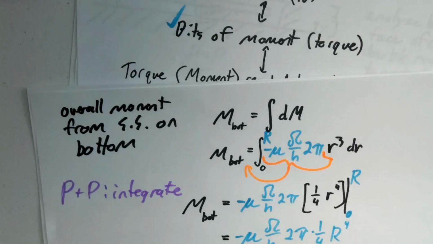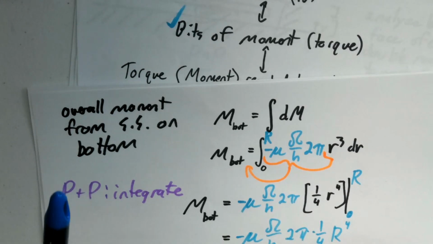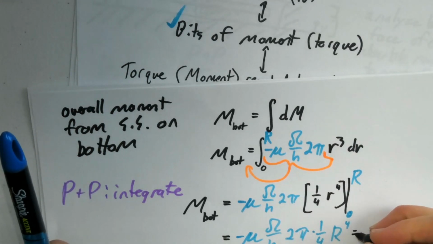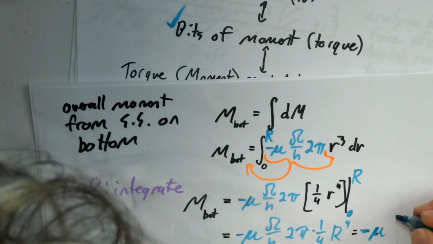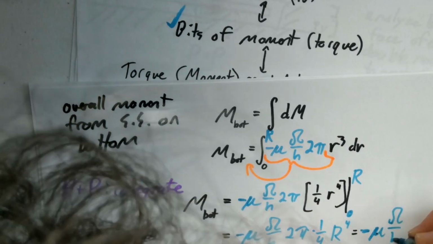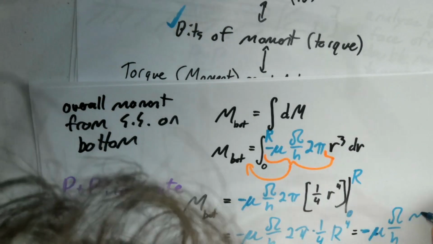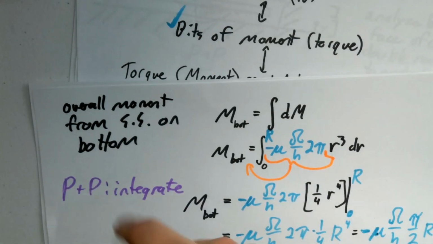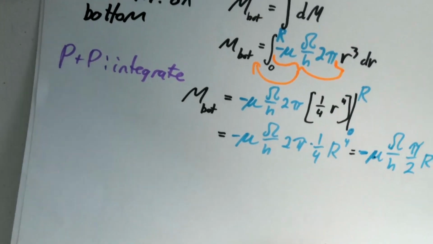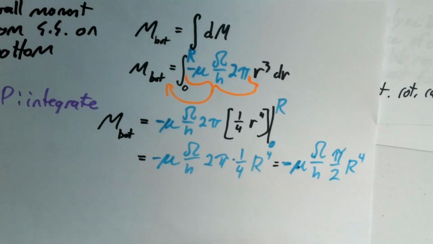Okay, so here we are. We can of course simplify this just a little bit more, canceling out this 2 and the 1/4. So now we have minus mu omega over h pi over 2 R to the 4th. And then, oops, sorry, that was a little cut off on the screen.